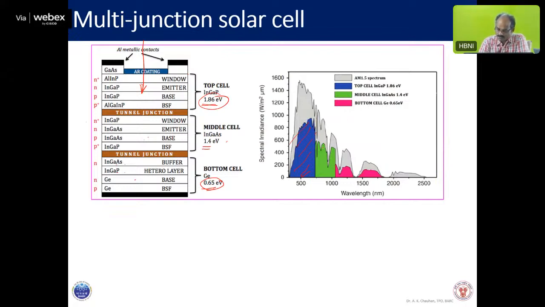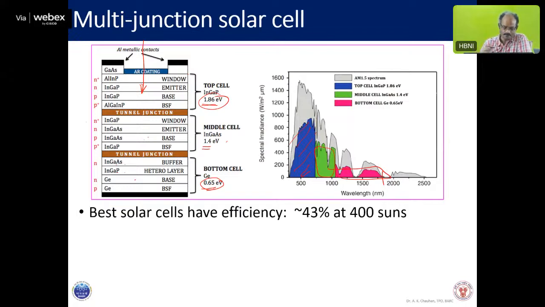Then the middle will absorb this portion of the spectrum, and the bottom cell will absorb this portion of the spectrum, and after 0.65 the remaining will go waste. By doing such a thing, we can enhance the efficiency of solar cells by using multi-junction.